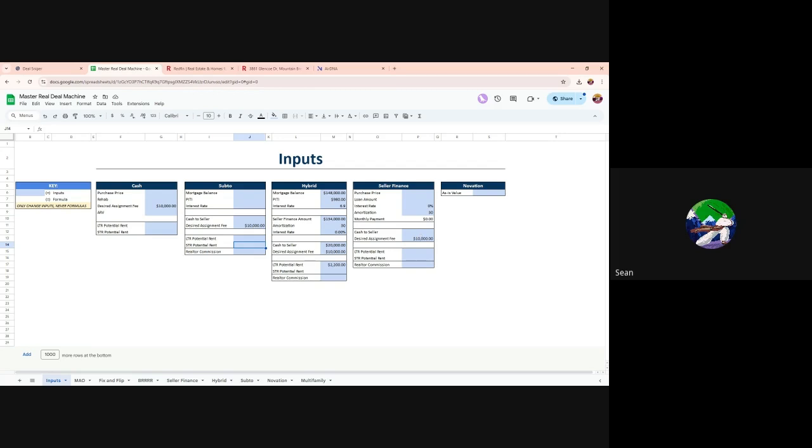Yeah, you can do that, but you have to make sure that the seller agrees to it. So you mean like if you offer a seller $30,000 and your entry fee percentage is a little high, then you go back to the seller and say, instead of 30, I'm going to give you 20. Yeah, you can do that. You just have to make sure the seller is okay with it. Okay. Gotcha.